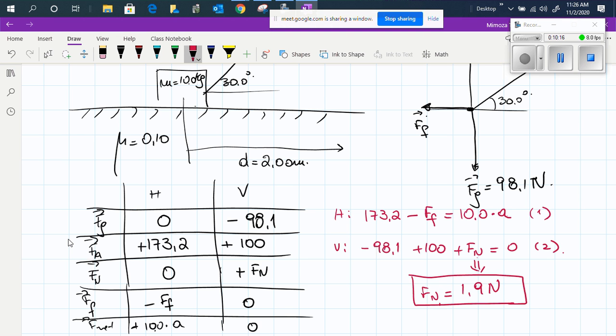And from here, we can find force of friction. So force of friction is mu times force normal, equal to 0.19 newtons.